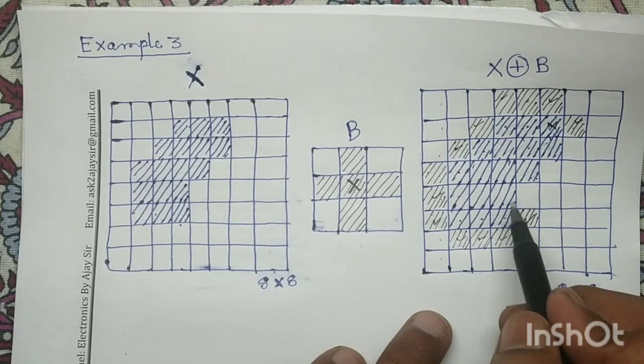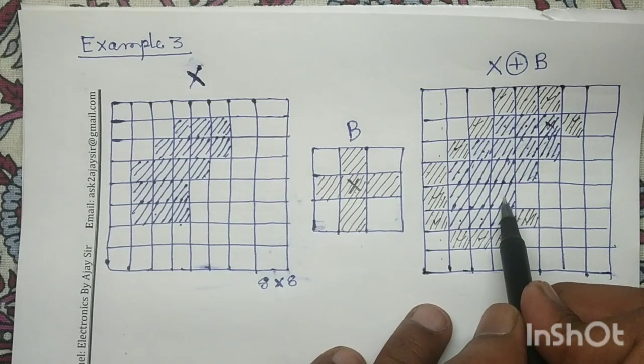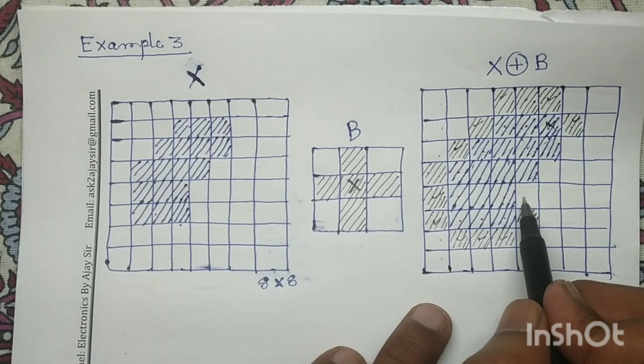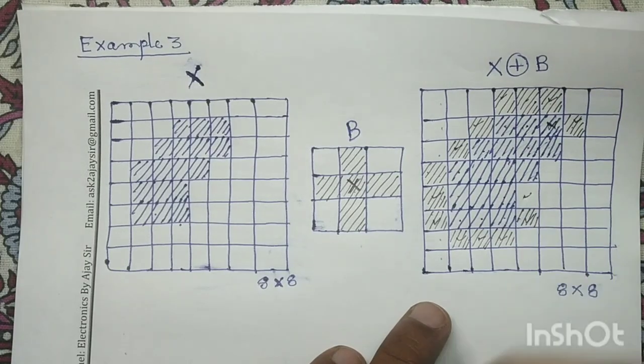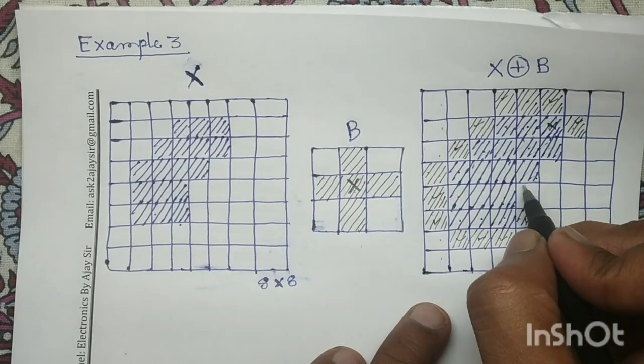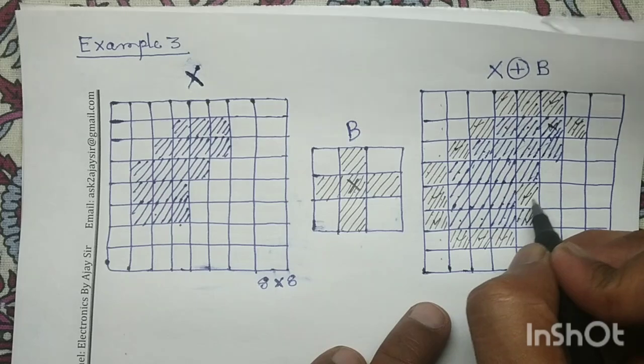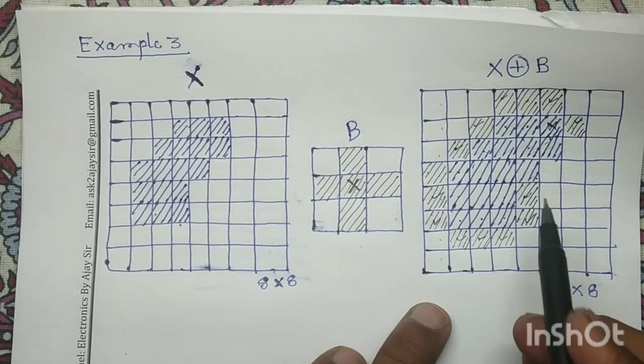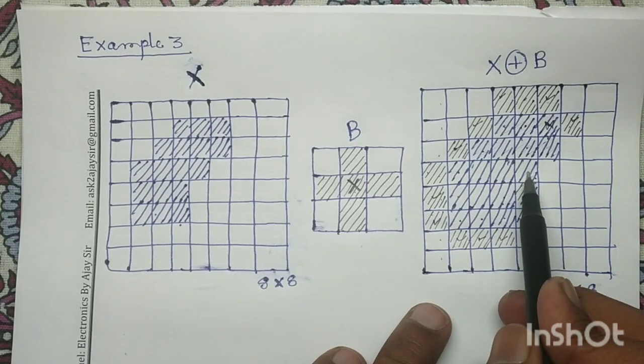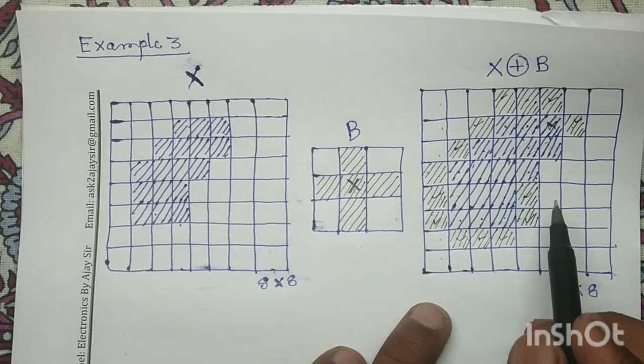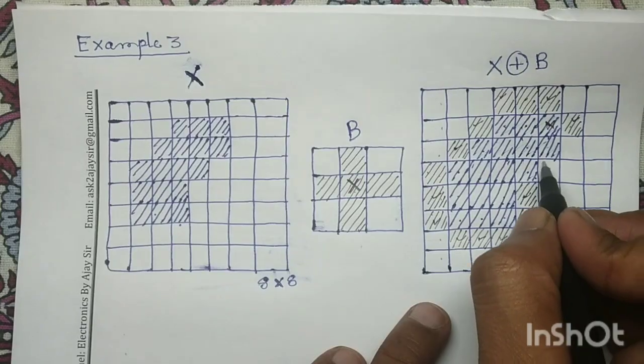Okay. And if you put the center of the structuring element at this point, only this pixel becomes logic 1 after performing the dilation operation. And if you put the center of the structuring element at this point, only this pixel becomes logic 1.